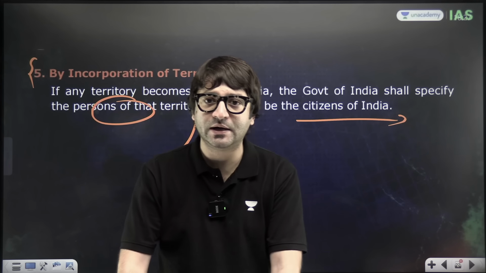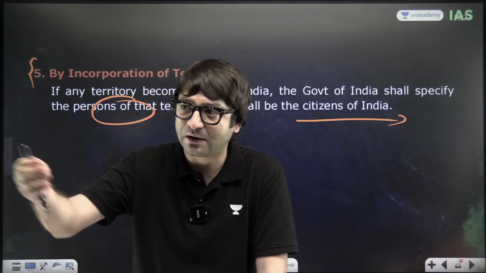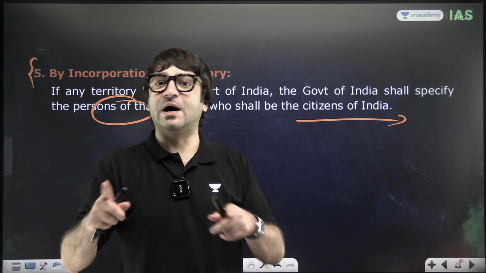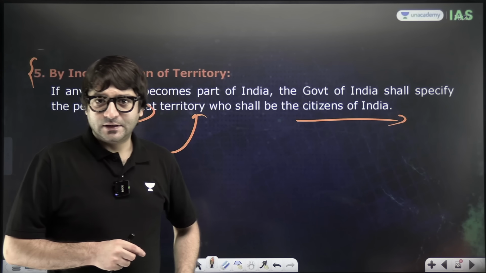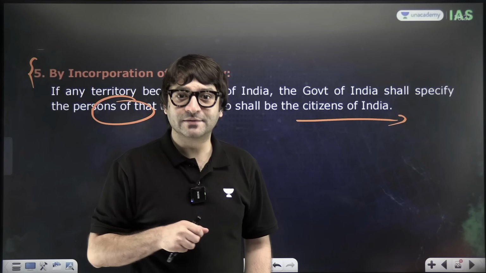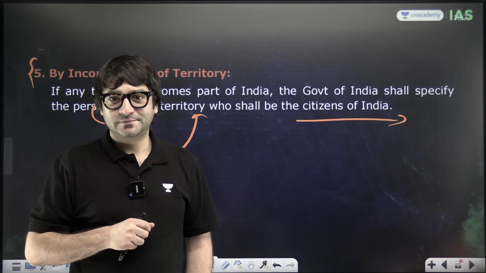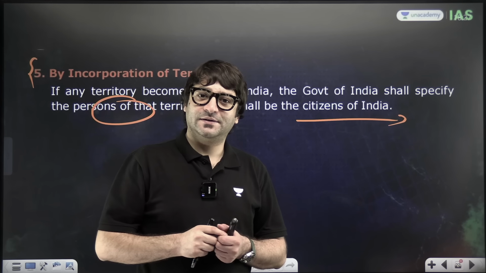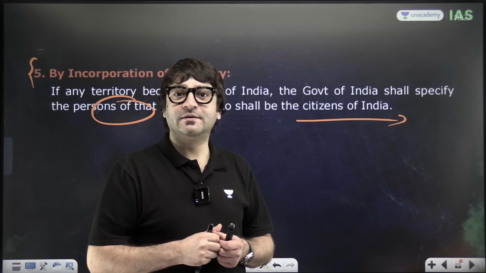Which means what? Tomorrow we acquire Pakistan. We incorporate Pakistan into India, Bangladesh into India. We create the Akhand Bharat. Does that mean automatically Muhammad Yunus will become an Indian? General Asim Munir, Field Marshal, will become an Indian? Or Hafiz Saeed will become an Indian?